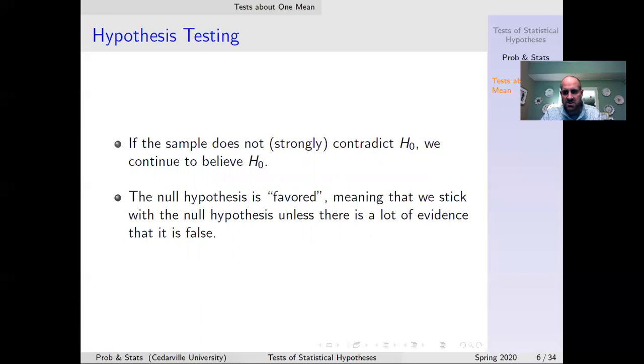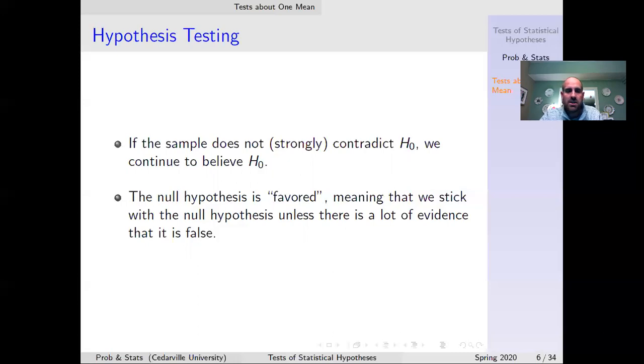Be careful about some of the language that you use here. You don't ever say that you accept the null as absolute truth. There always exists the small possibility that the sample you got was just an unlikely sample. So you don't ever say, I 100% reject the null and accept the Alternative Hypothesis. You don't say it like that.